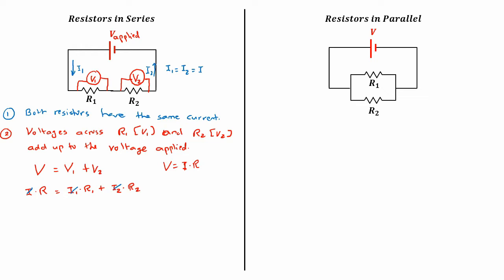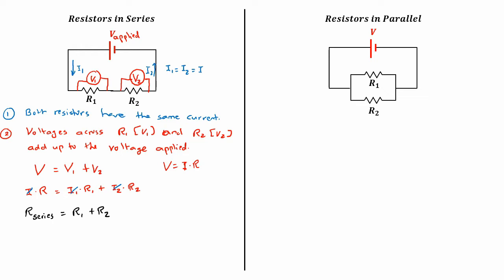Then what we are left with is the resistance of 1 and 2 together. The total resistance of this circuit, which is a series circuit, is nothing but resistance 1 plus resistance 2. So the resistances add up when they are in series.